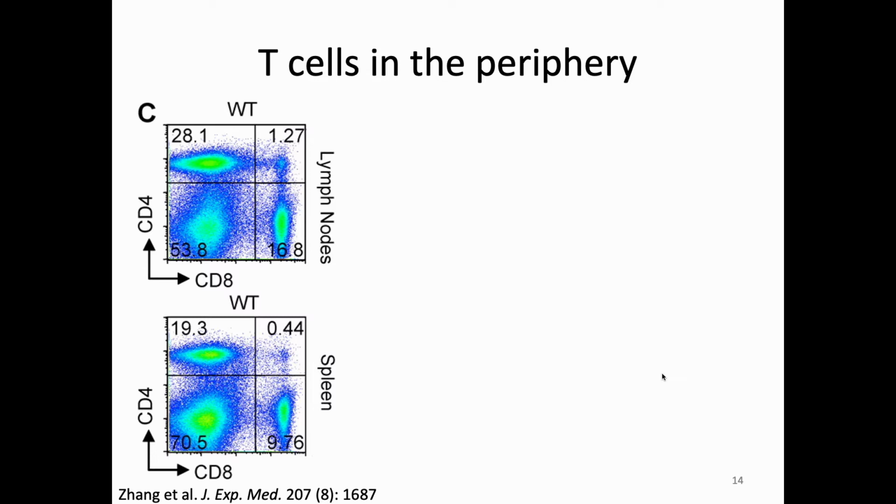Sometimes we look at a plot of the thymus to see which of those populations are present. Sometimes we look at the plots from the periphery and see who makes it out of the thymus. And so I've got a few slides now about some of the specific experiments we have done, or people have done, to help us understand T cell development.